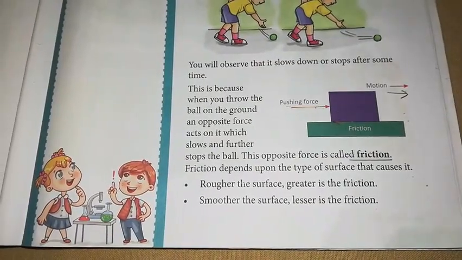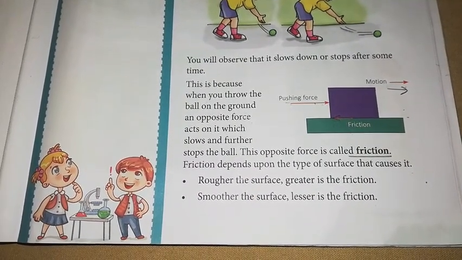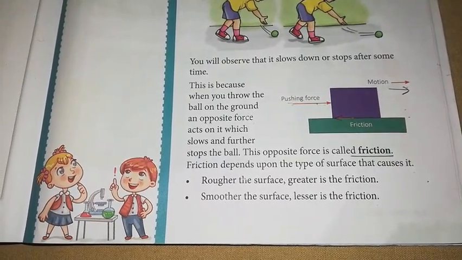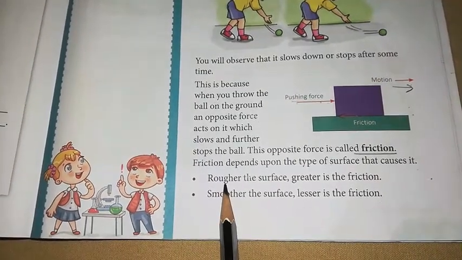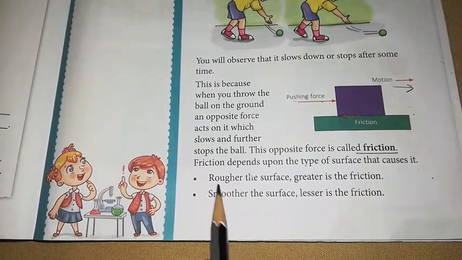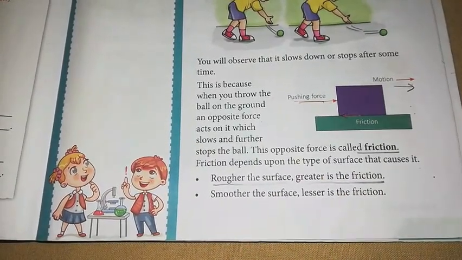Students, friction depends on the type of surface. It means on some surfaces there is more friction and on some other surfaces there is less friction. First case, rougher the surface, greater is the friction.